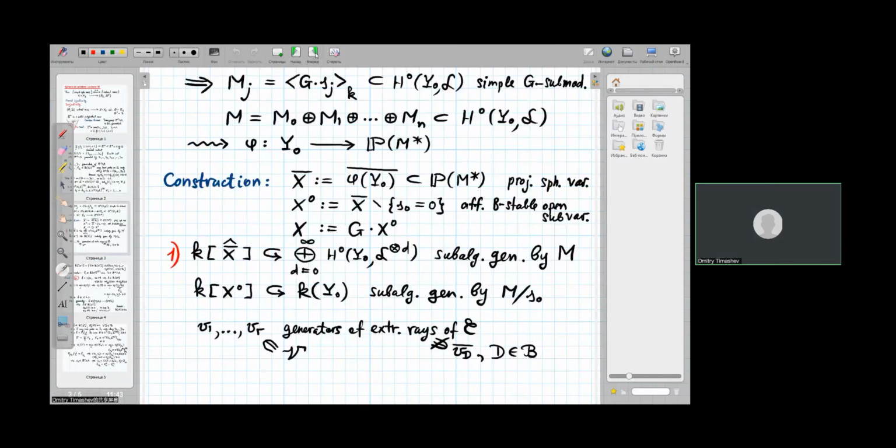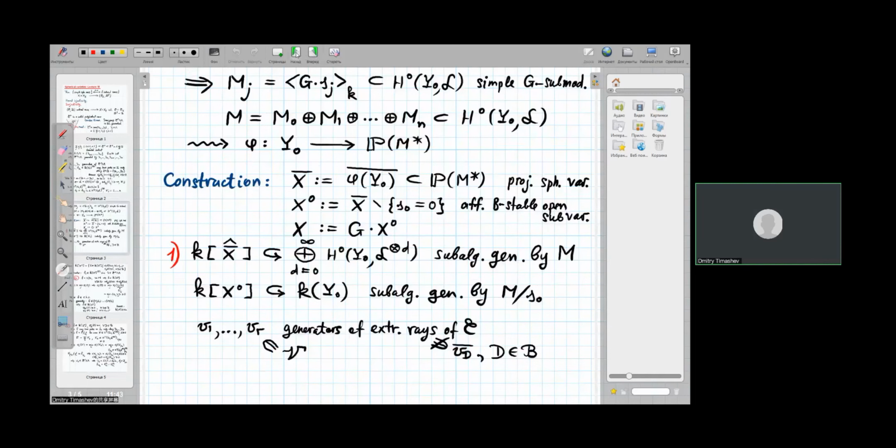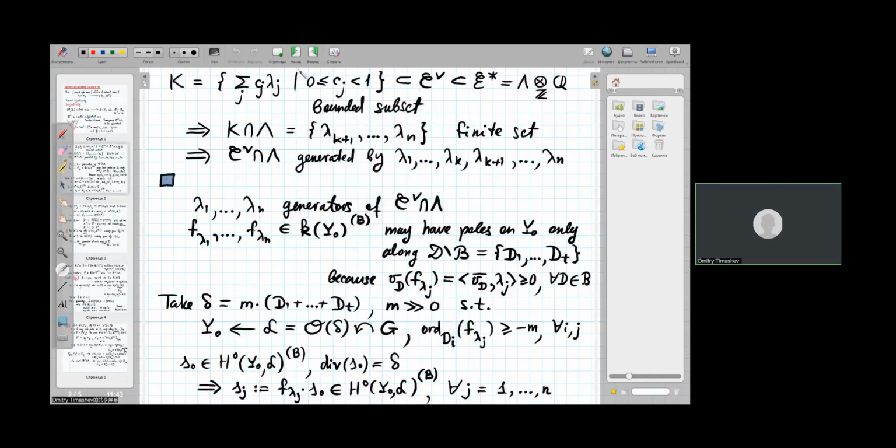They will be shown to be regular functions on x0, but so far they are rational functions, just because they may have poles only along these divisors.